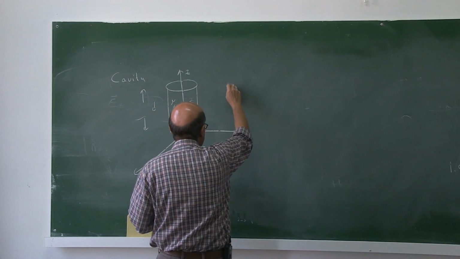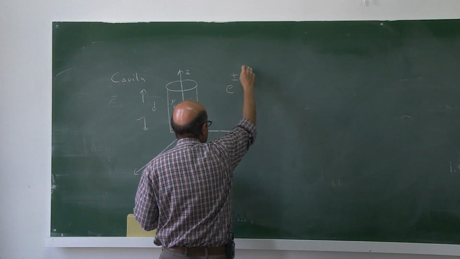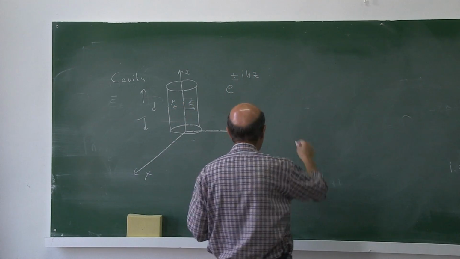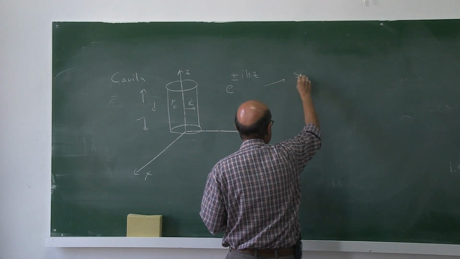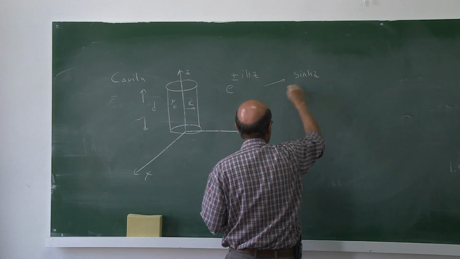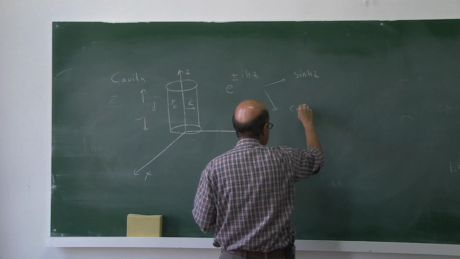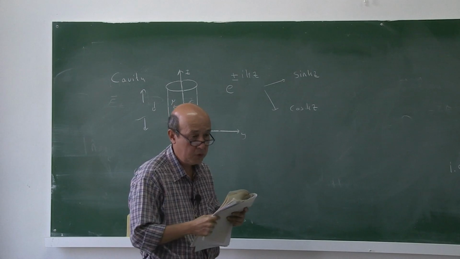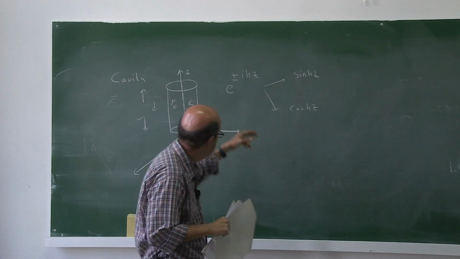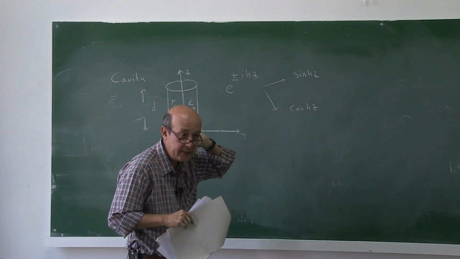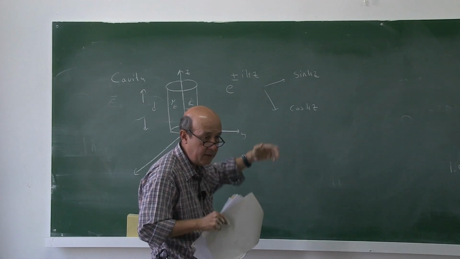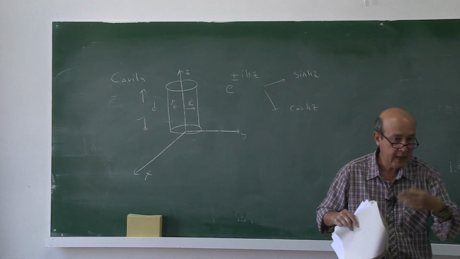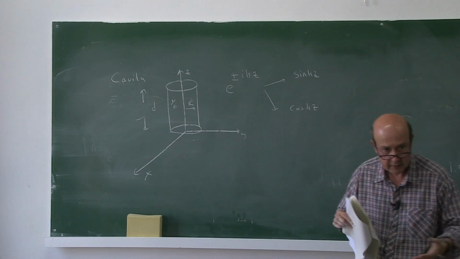So instead of e to the ikz, you have in that case sine kz and cosine kz. These are the solutions, so they should replace e to the plus minus ikz. These are the traveling waves, but if two traveling waves meet, they create a standing wave, sine kz and cosine kz.